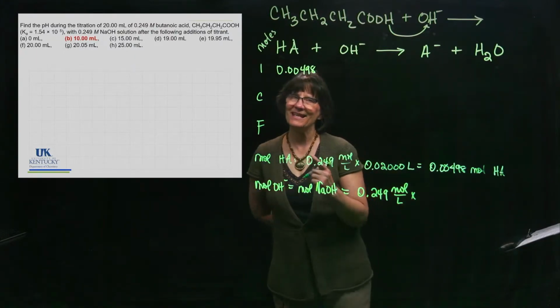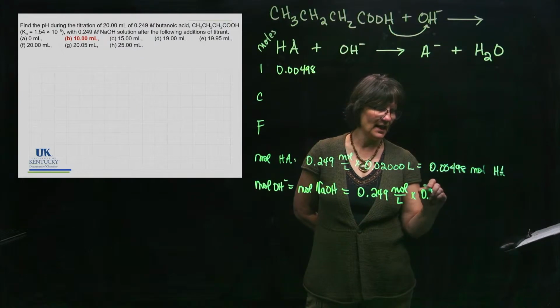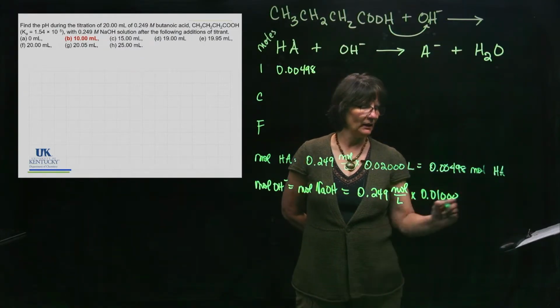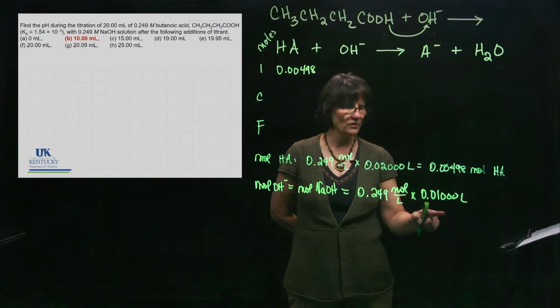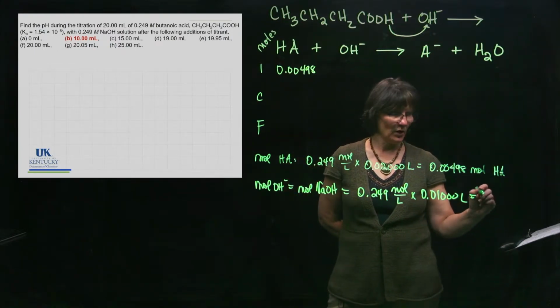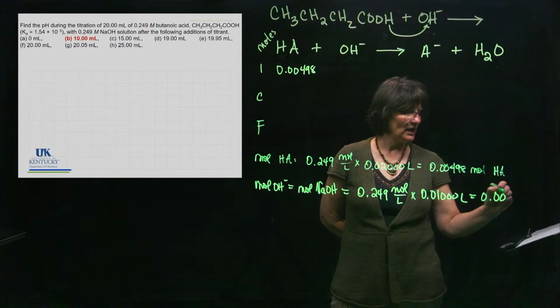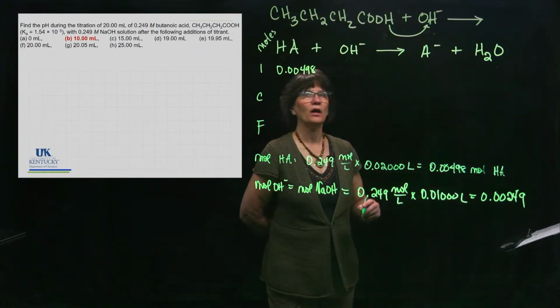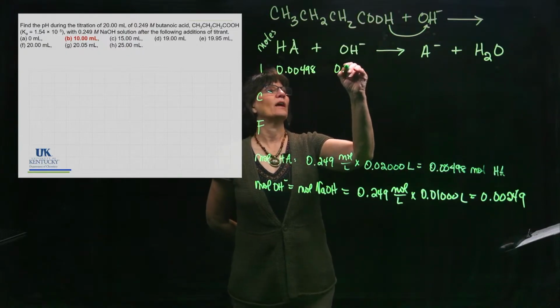But we're taking 10 milliliters of this solution instead of the 20 that we had up here. So there's 10 milliliters converted to liters, and that is going to give me a value of 0.00249. And I can plug that in under the hydroxide.